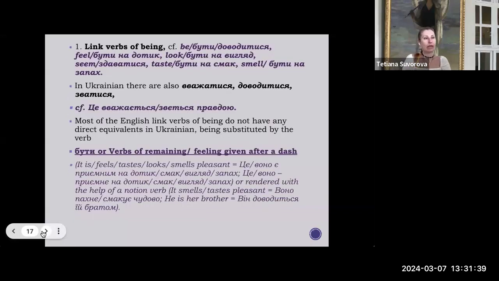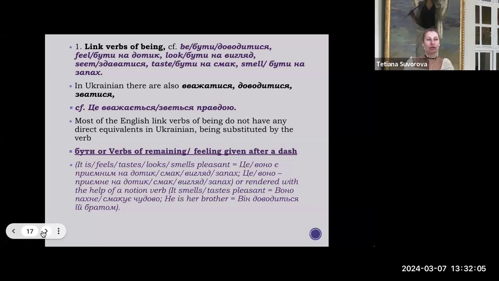So here you can see, when we compare things in both languages, that we have these groups of verbs in both languages. Also here are in Ukrainian вважатися, доводитися братом, сватом, and so on, зватися Миколою, and so on. Це вважається, зветься правдою.